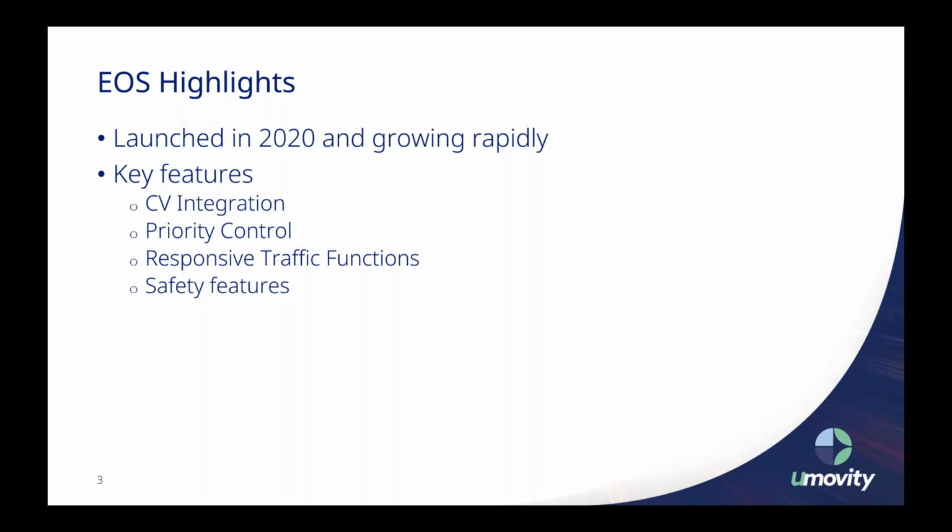One of those key areas was connected vehicle, as well as priority control, and just having software that can adapt to changing functions, particularly when it comes to safety. I'll talk a bit about this as we progress through the presentation.